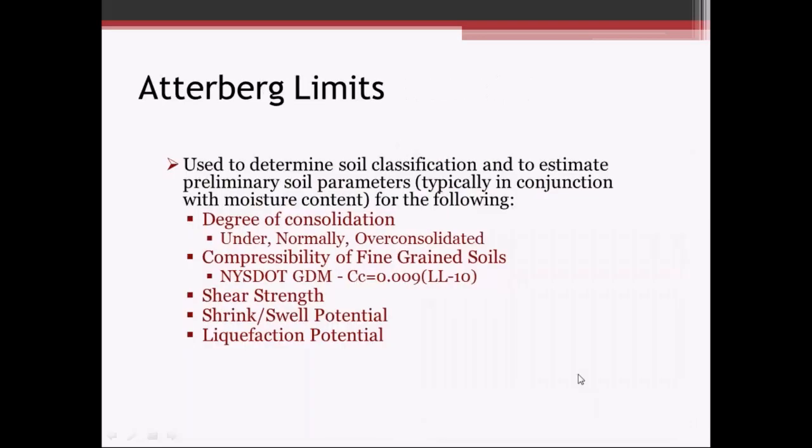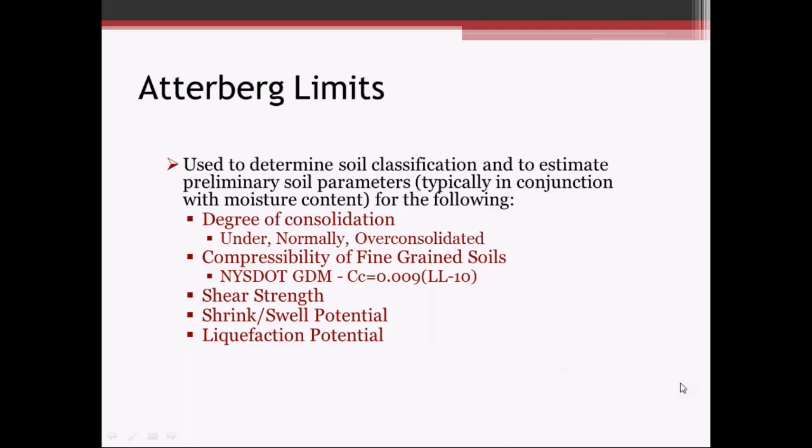The Atterberg limits are used to determine soil classification and to estimate preliminary geotech parameters, typically in conjunction with moisture content or particle size analysis. So some of the things that we can estimate, number one, is the degree of consolidation.